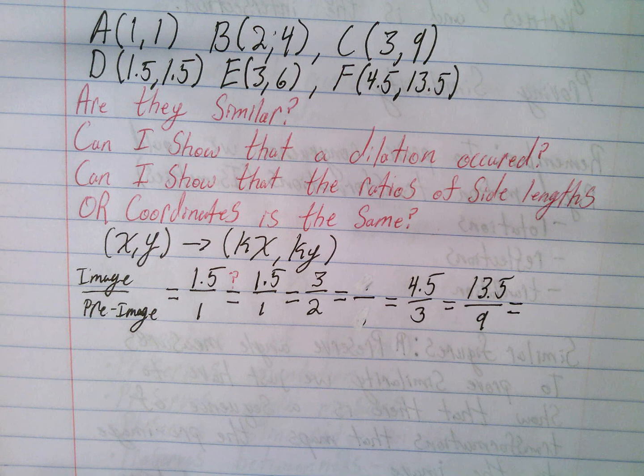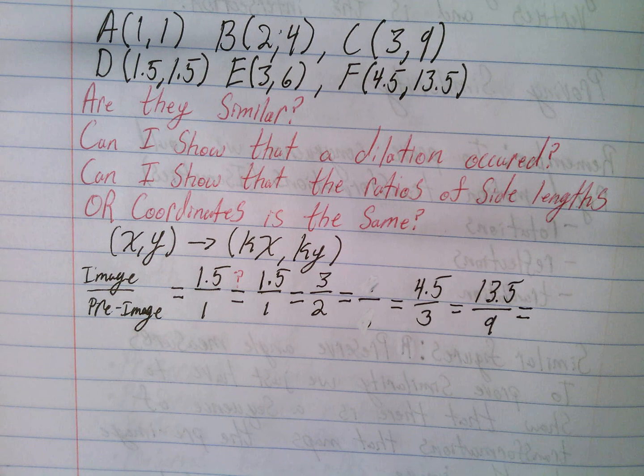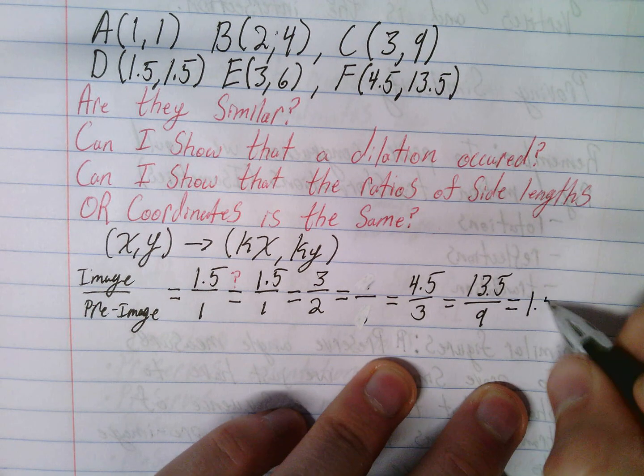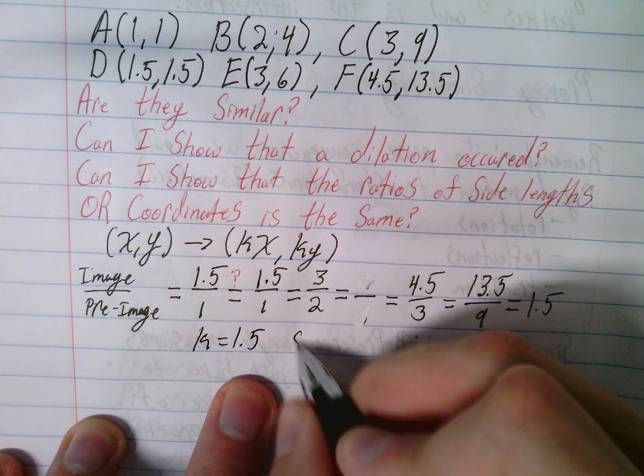What do all of these ratios simplify down to? Are they all the same, Cade Nielsen? Yeah, this would just be 1.5. So K would be 1.5.